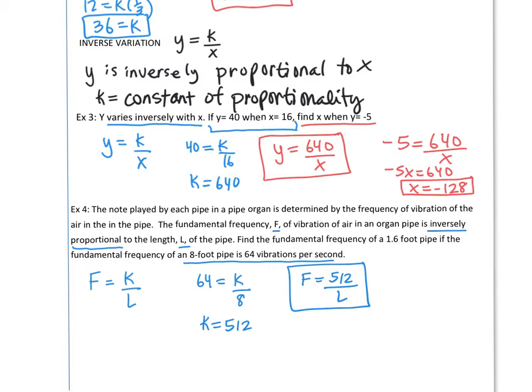F is equal to 512 divided by 1.6, and that gives us 320. So that would be our vibrations per second.